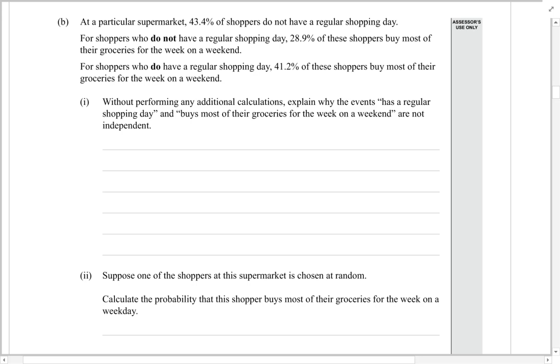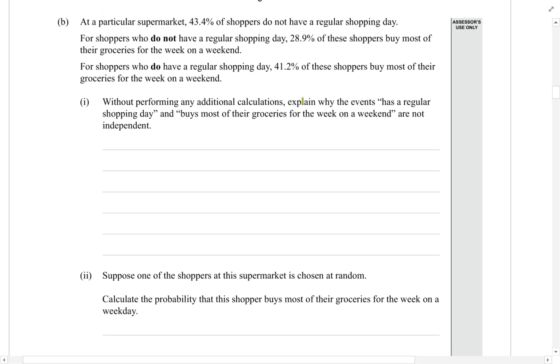For shoppers who do have a regular shopping day, 41.2% of these shoppers buy most of their groceries for the week on a weekend. Without performing any additional calculations, explain why the events 'has a regular shopping day' and 'buys most of their groceries for the week on the weekend' are not independent.